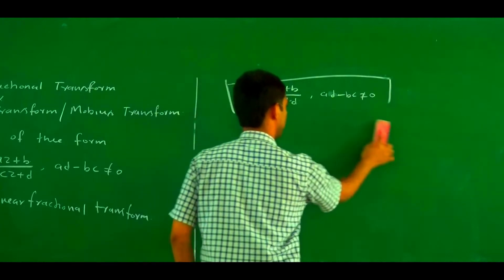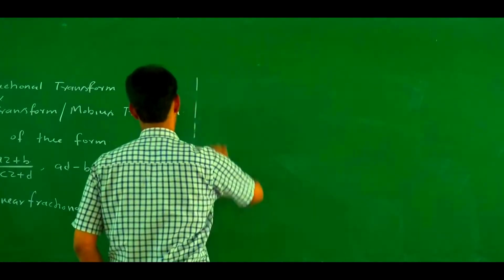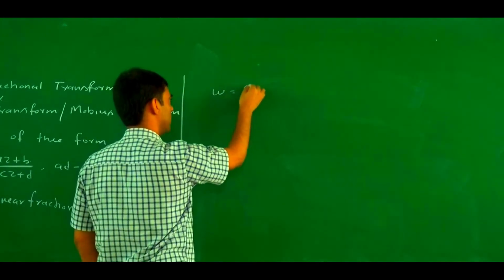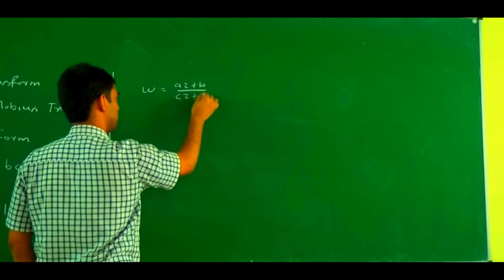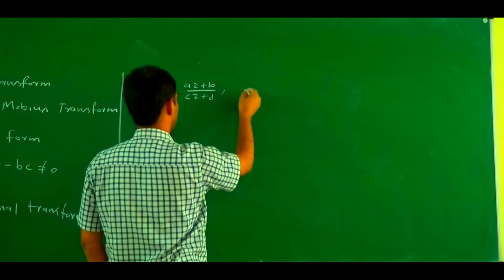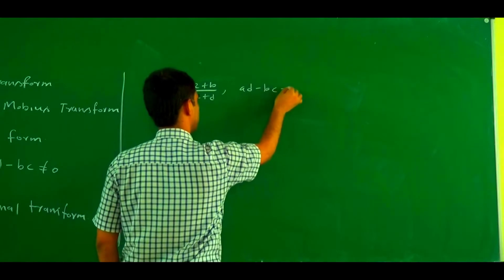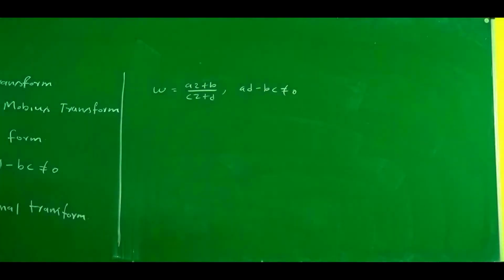Now let us analyze the bilinear transform. If we write W equals (AZ plus B) divided by (CZ plus D), provided AD minus BC does not equal 0.